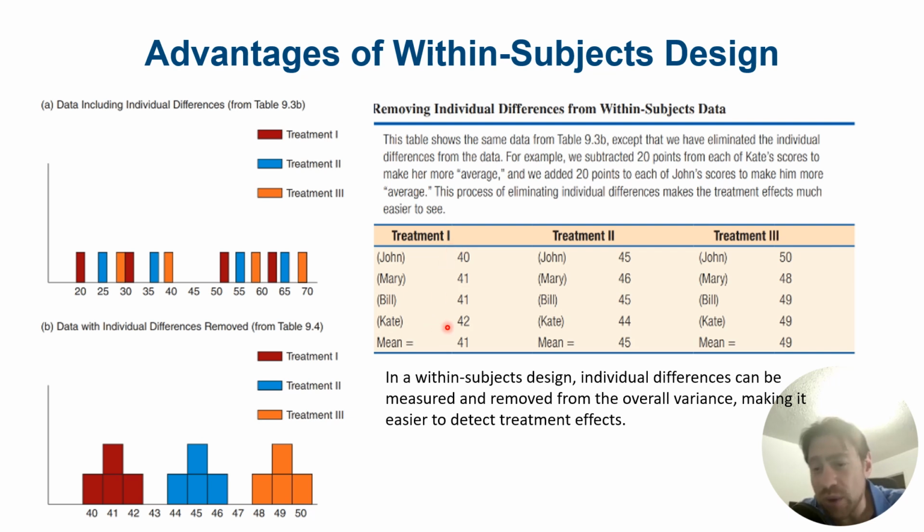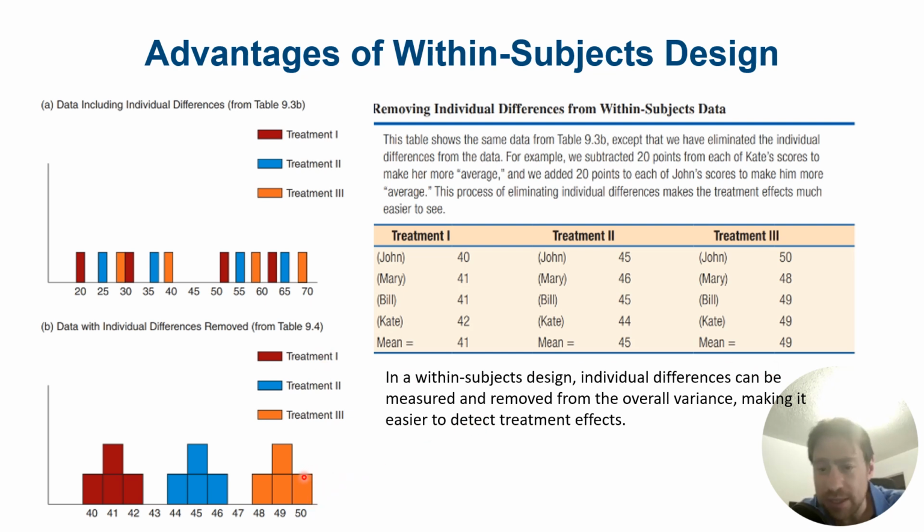And now, as a consequence, it becomes much easier to see the effects of the treatment. And so here on the left, this is what the data looked like before this operation, where you're plotting treatment 1, 2, and 3. And here, it's very difficult to see the differences between these treatments, between these conditions. But here below, we're showing the data once this operation has been conducted, and suddenly you can clearly see the differences.